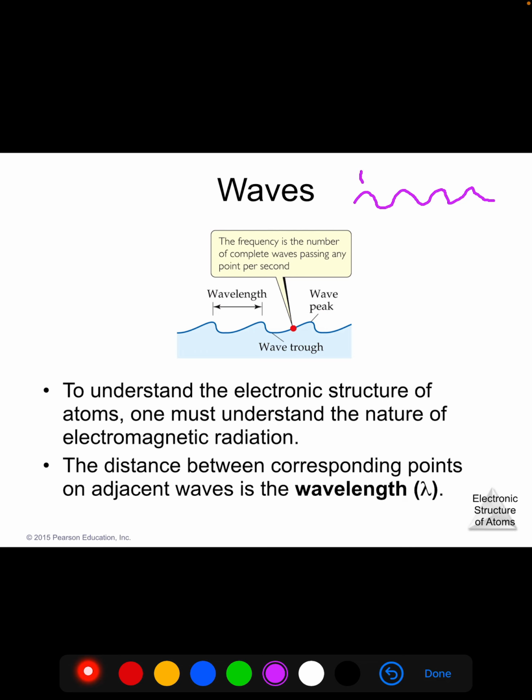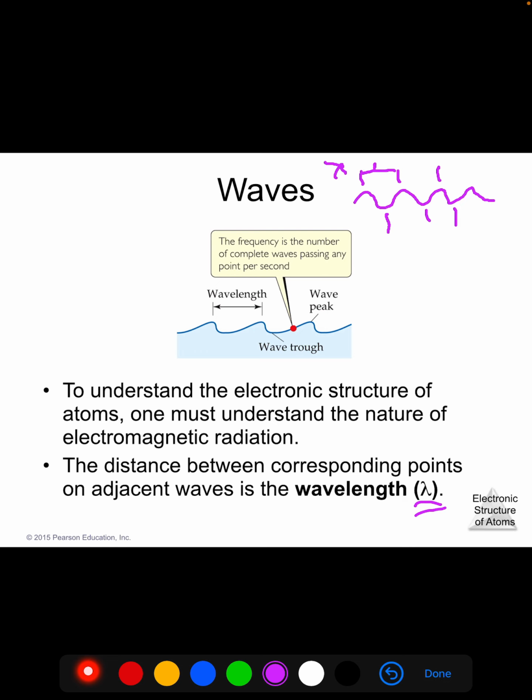And we have crests, and depending on which way you're looking at it, troughs. And the distance between waves is the wavelength. And we designate that with the Greek letter lambda, a lowercase lambda.